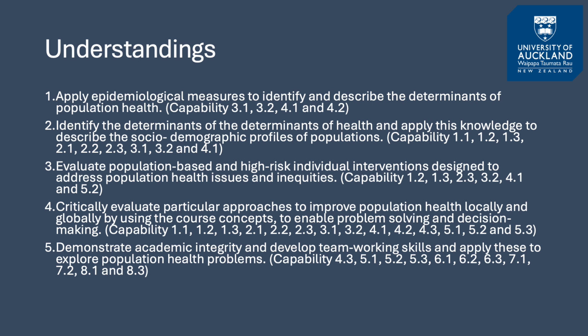The fourth understanding is to critically evaluate particular approaches to improve population health locally and globally by using the course concepts to enable problem-solving and decision-making. The final understanding is to demonstrate academic integrity and develop team working skills and apply these to explore population health problems.